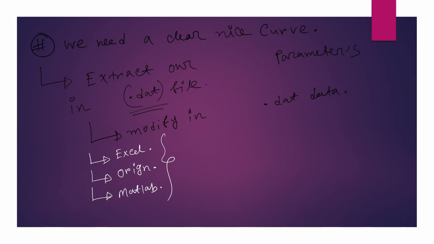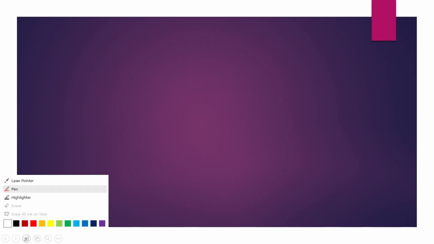But I will show how to plot the .dat files in a different way. But the question is, what will we do by using this .dat data? Suppose we will generate all these parameters' .dat files. Let's say gm over gds, its corresponding .dat file.